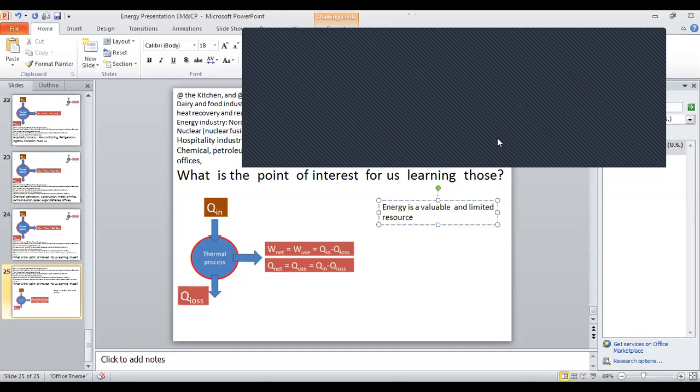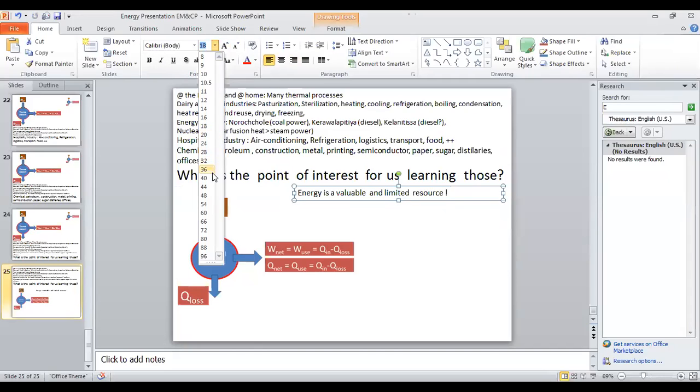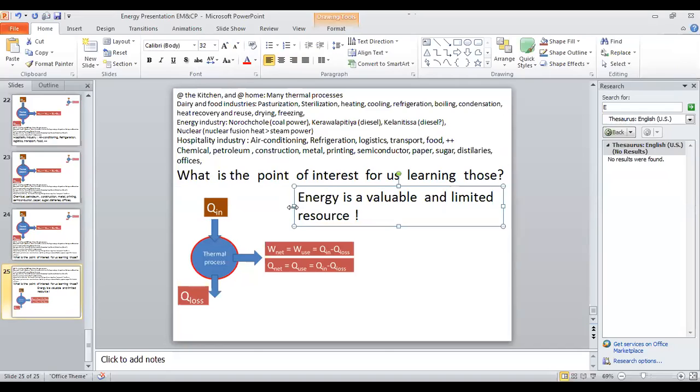So that is one of the points, one of the very important points. Energy is a valuable and limited resource.